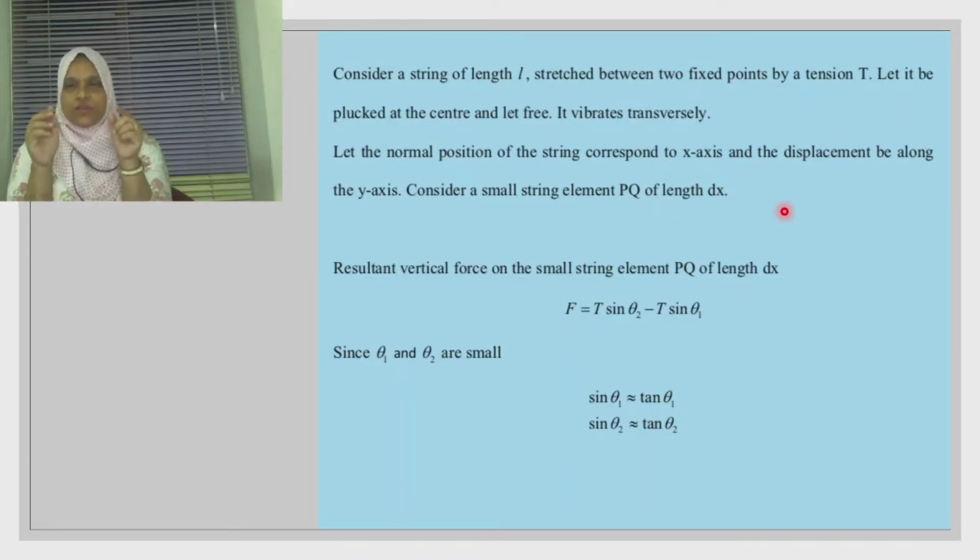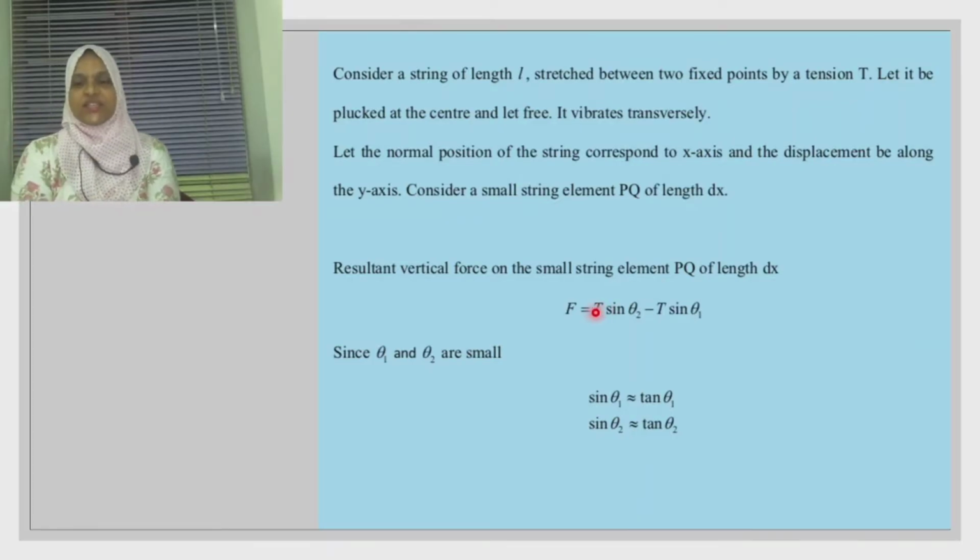Resultant vertical force acting on the small element dx will be equal to T sin theta 2 minus T sin theta 1. Here we are not considering the horizontal component, we are only considering the resultant vertical force acting along the small element of the string which is having a length dx.